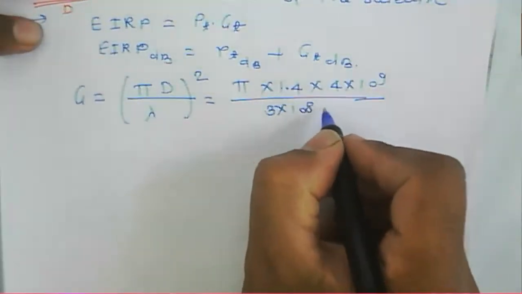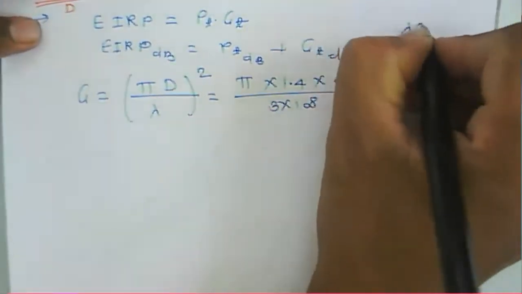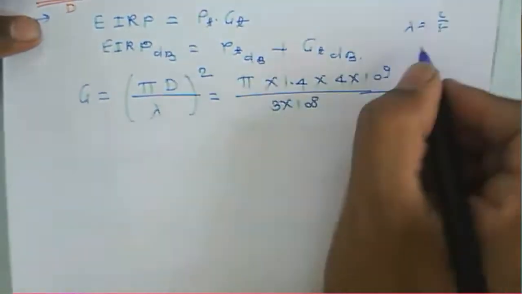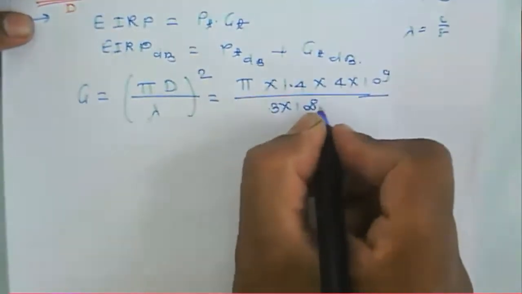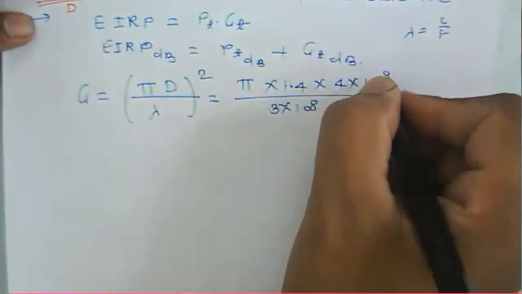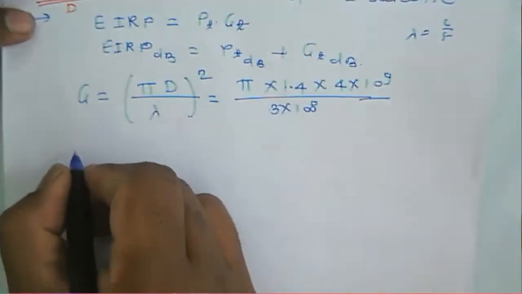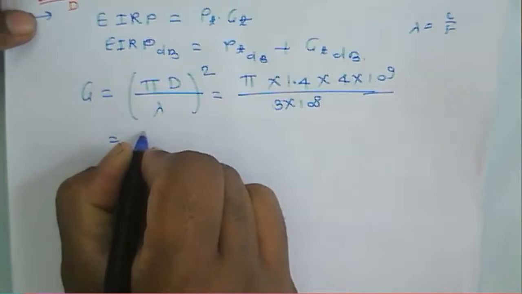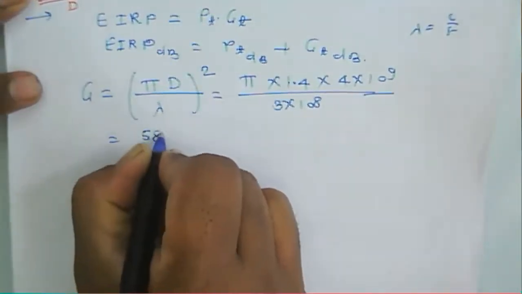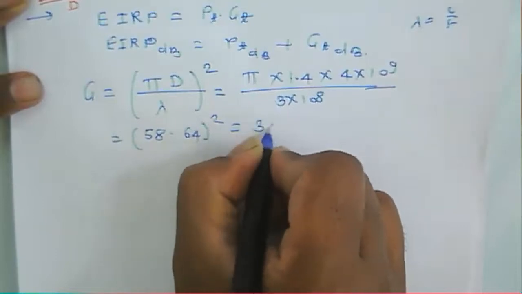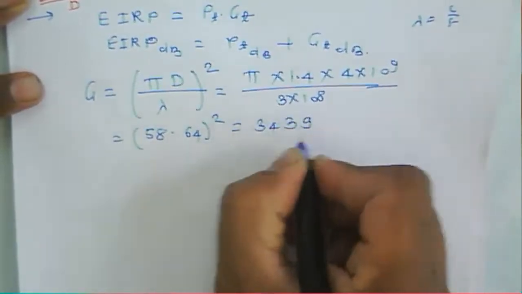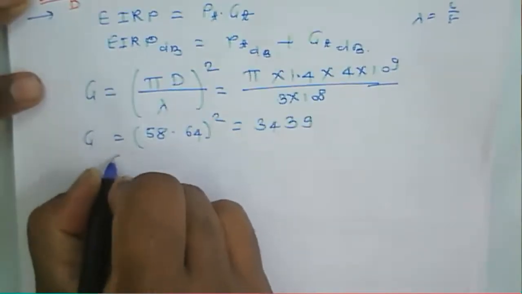From that you will get the gain value: 58.64 square, that will be 3439. That will be the gain.